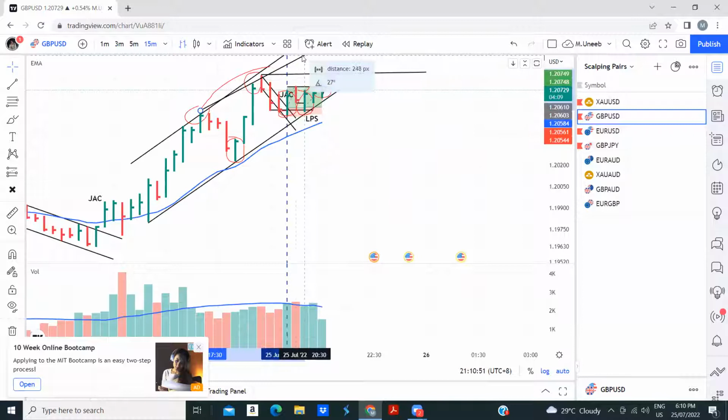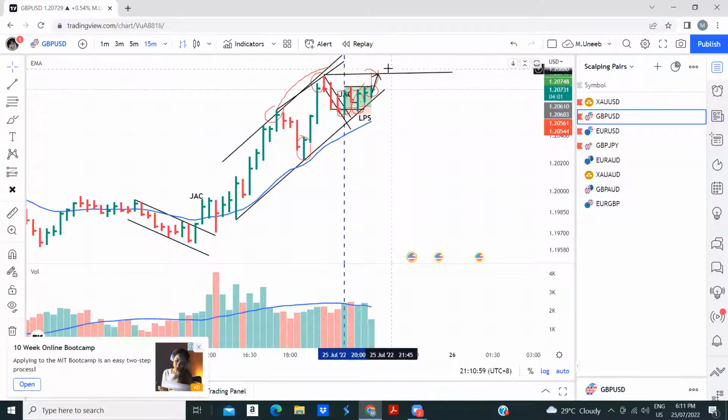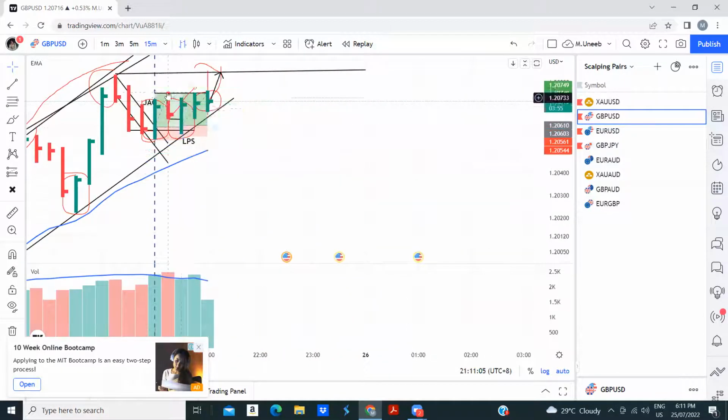So we don't know whether it will form SOT or it will go all the way up to this trend channel, make overbought, and then fall down. So our safest target is just to exit at this high or exit at this high. Got it?